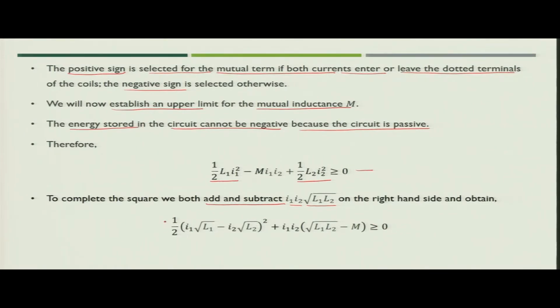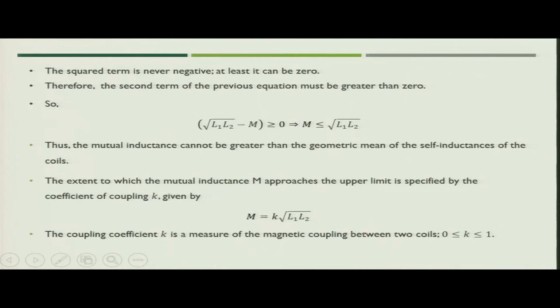Now, since this is the square term, this can never be negative, at most it can be 0. So, we can have the updated constraint or criteria that root of L1 L2 minus M should be greater or equal to 0.